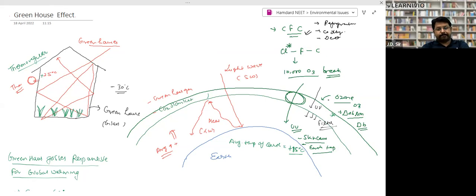Chlorofluorocarbon, note it down. CFC is the major source behind ozone depletion.